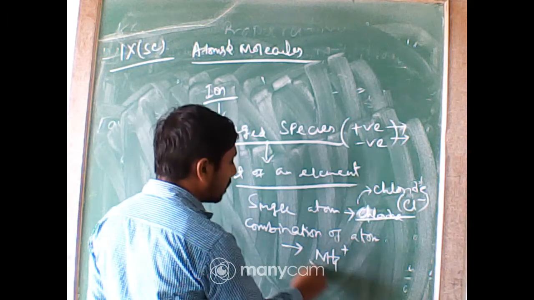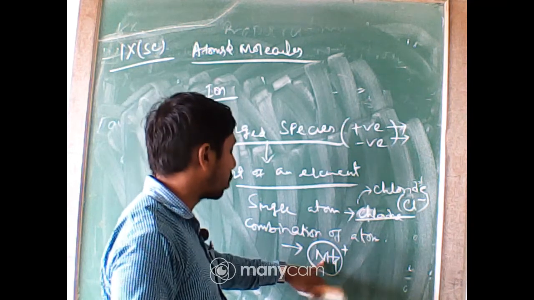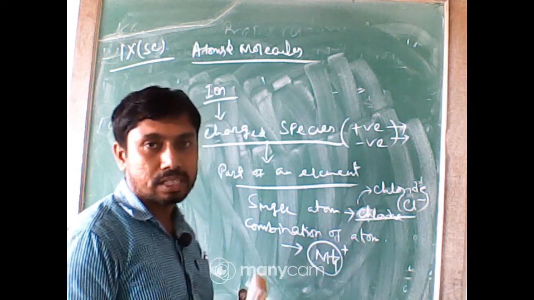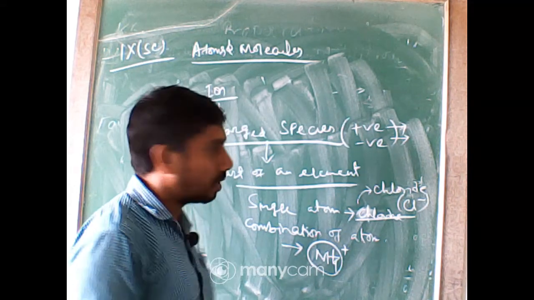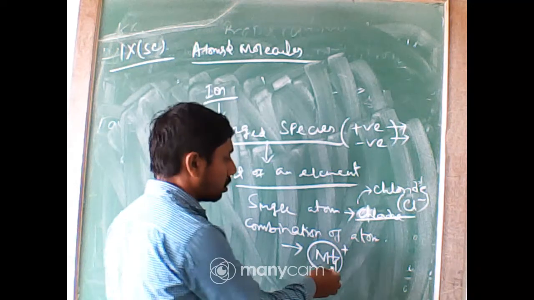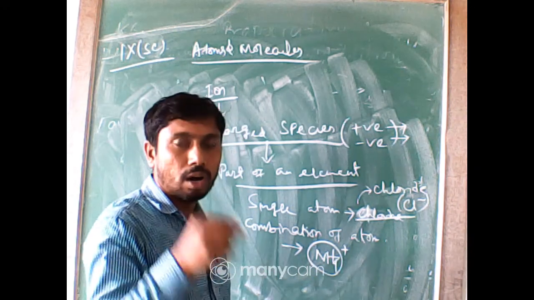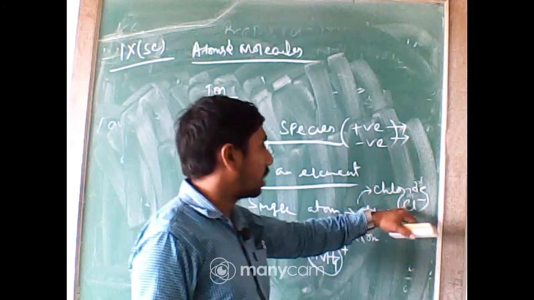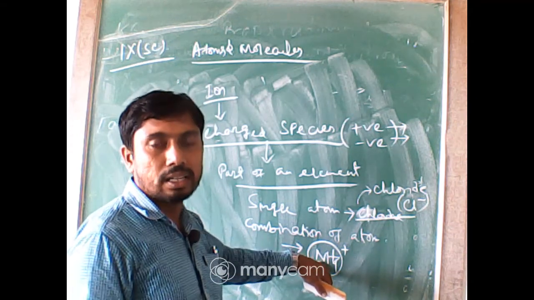Here the combination of atoms, that is one nitrogen atom and 4 hydrogen atoms, carries a charge within itself. What is the reason for this charge? It will be discussed later when we come to bonding. But here the charge is there, and the charge resides on the central atom. Here the central atom is chlorine, only one atom. Here the central atom is nitrogen, so it is the charge on the nitrogen.